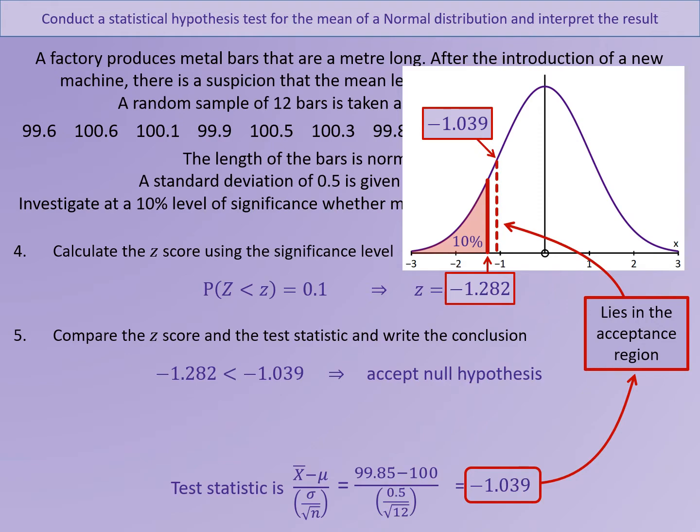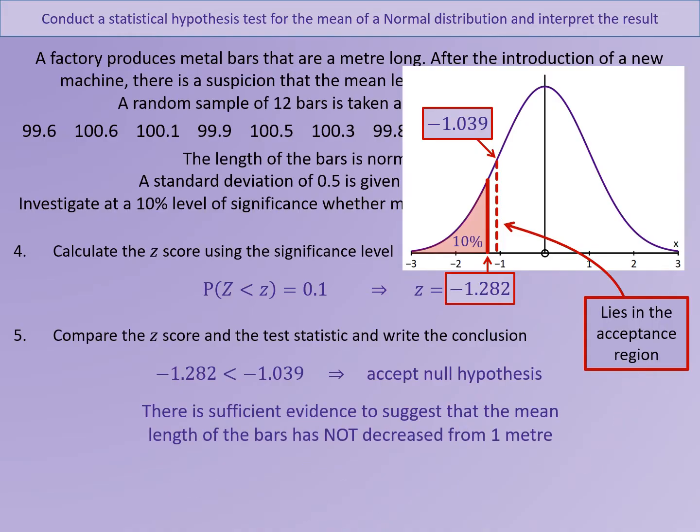All right, to a 10% level of significance, I would accept that null hypothesis. So there is sufficient evidence to suggest, not to confirm, it's not definite, but it suggests that the mean length of the bars has not decreased from 1 metre. So even with the introduction of the new machine, I would still say that there is sufficient evidence to suggest that the machine is still producing metal bars of 1 metre long on average.